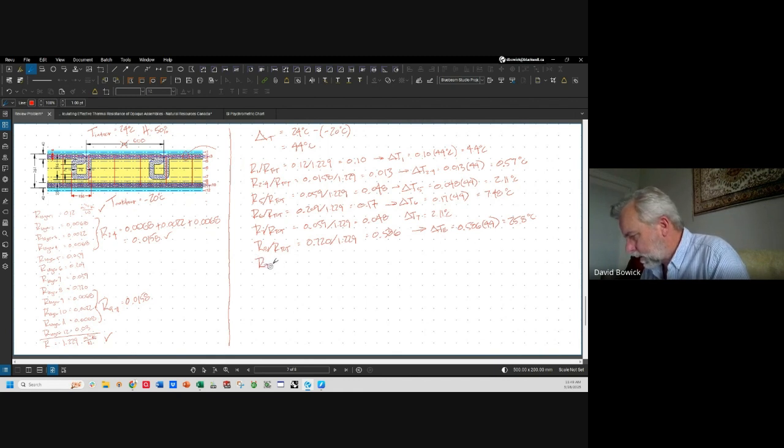R9 to 11 over R total. Now remember, 9 to 11 and 2 to 4 are the same, 0.013. So therefore, delta T 9 to 11 equals 0.57 degrees.